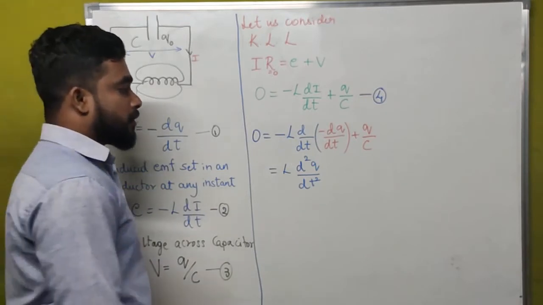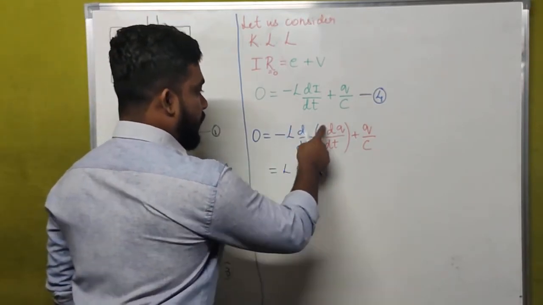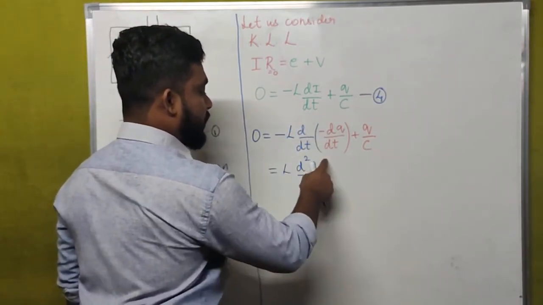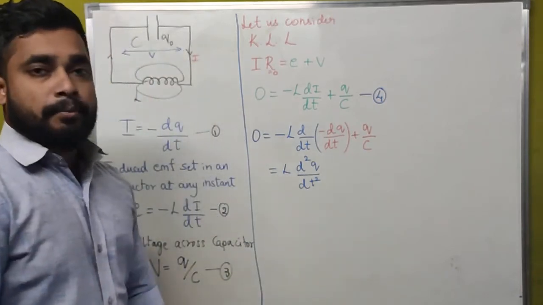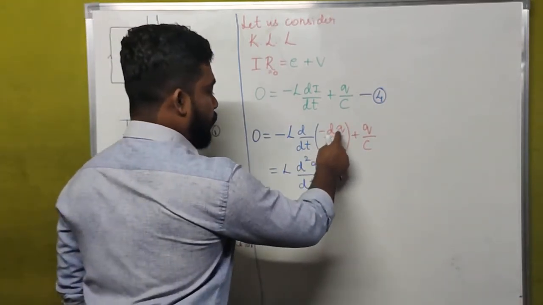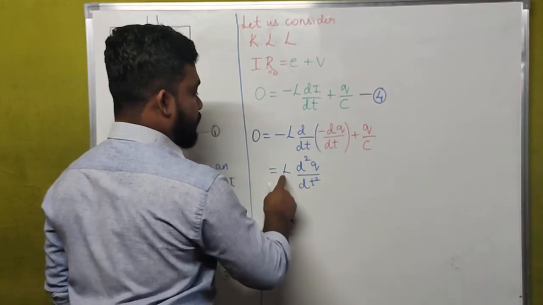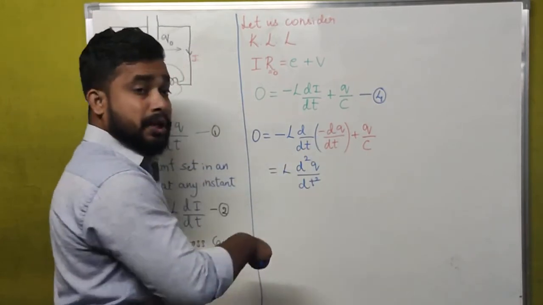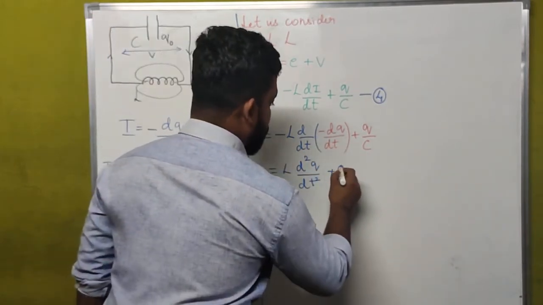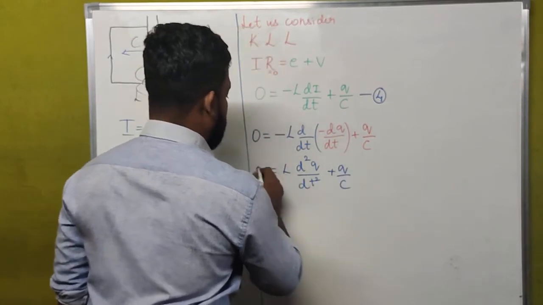The whole expression will become d by dt and d by dt, that is d square divided by dt square of q. This is minus into minus plus L, and we write that as it is, plus q divided by c equals 0.